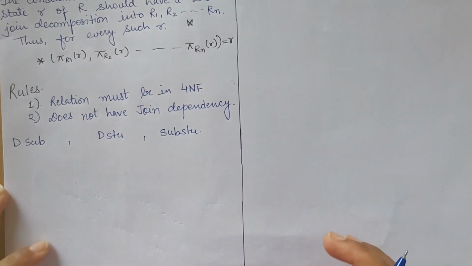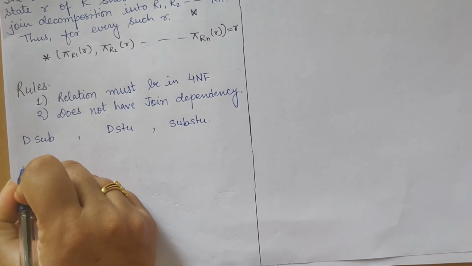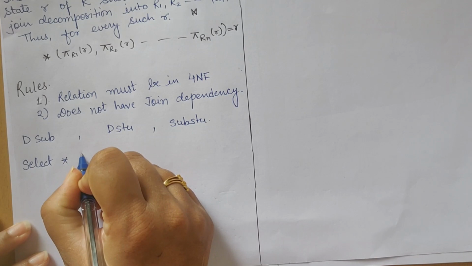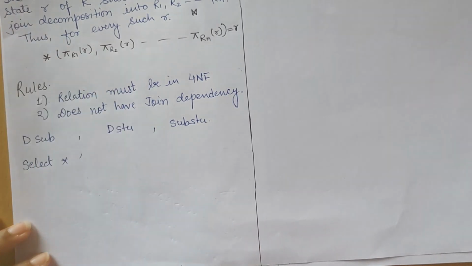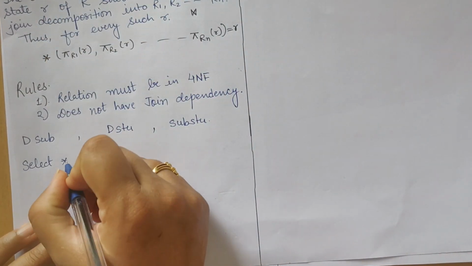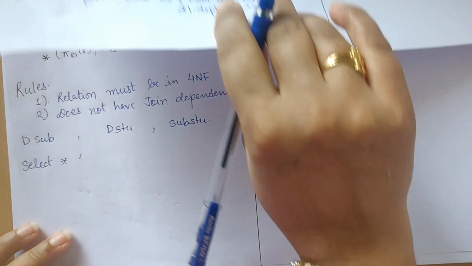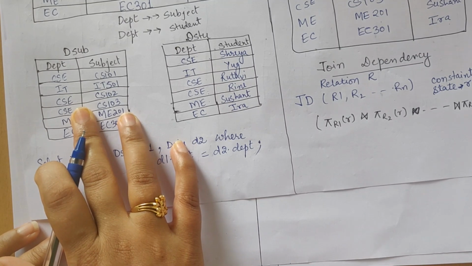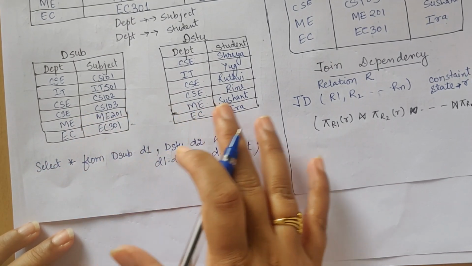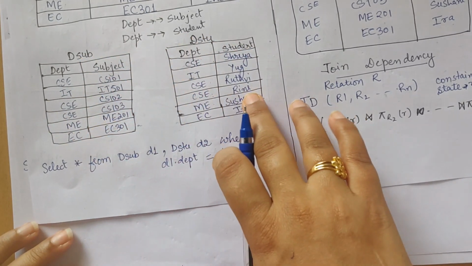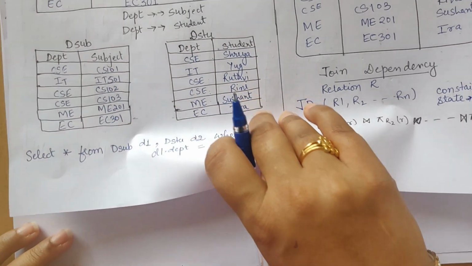The SQL syntax for this will be select star from, or let me just take the particular columns because now we have 3 tables. From the first table we will take department, from the second table we will take student, and from the third table, which is subject student, we will take the subject details.